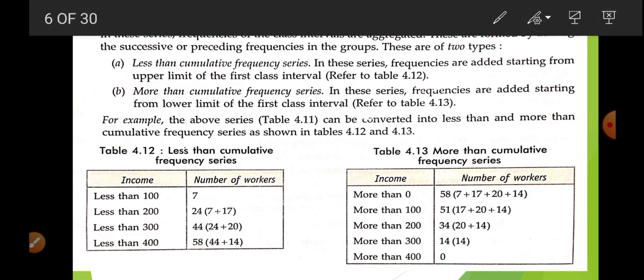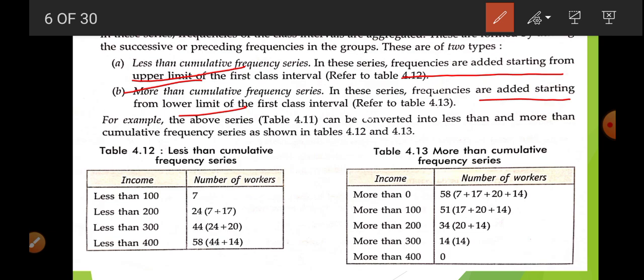Remember, less than series always starts with the upper limit, and in this series frequencies are added from the start.